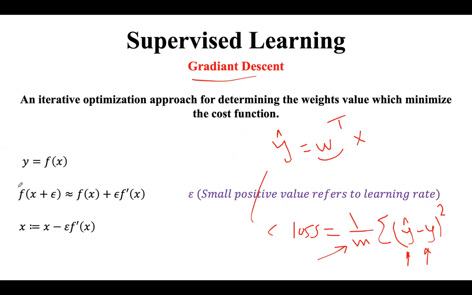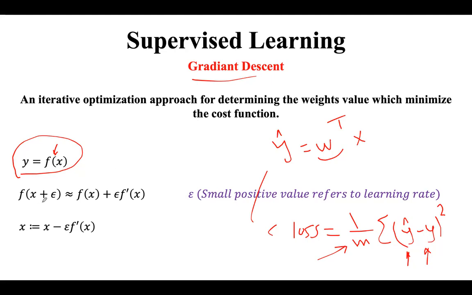So now for simplicity, let's imagine that we have a function which depends on only one variable, y equals f(x), and x is only a single variable. We are going to minimize this function using the gradient descent algorithm.